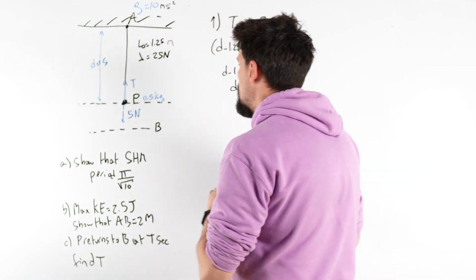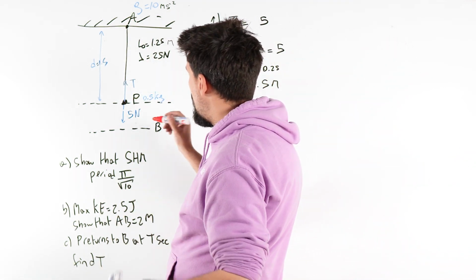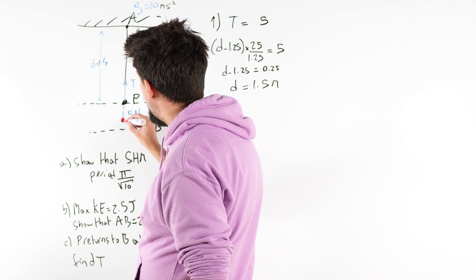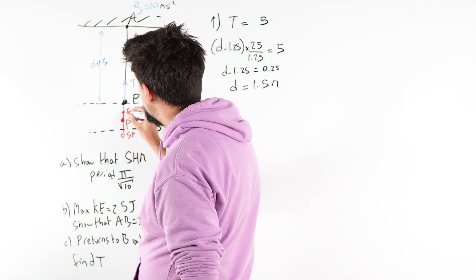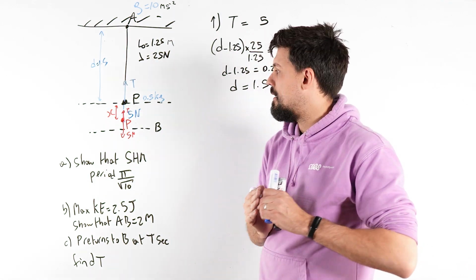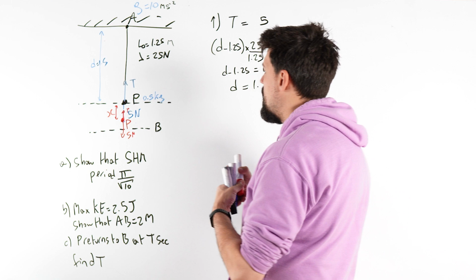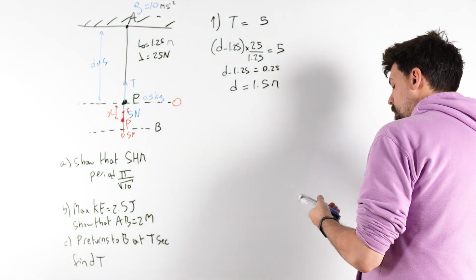Now somewhere in here, at some given point, I'm going to be x away from there. So let's say P is there with my 5 newtons and my tension back here. And let's say at some generic point, I'm x away from there. So this is going to be where I take my original motion from.